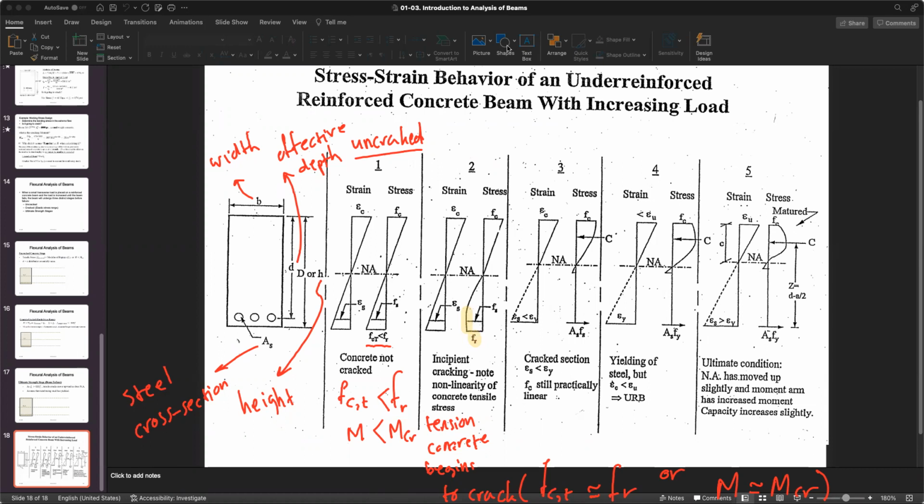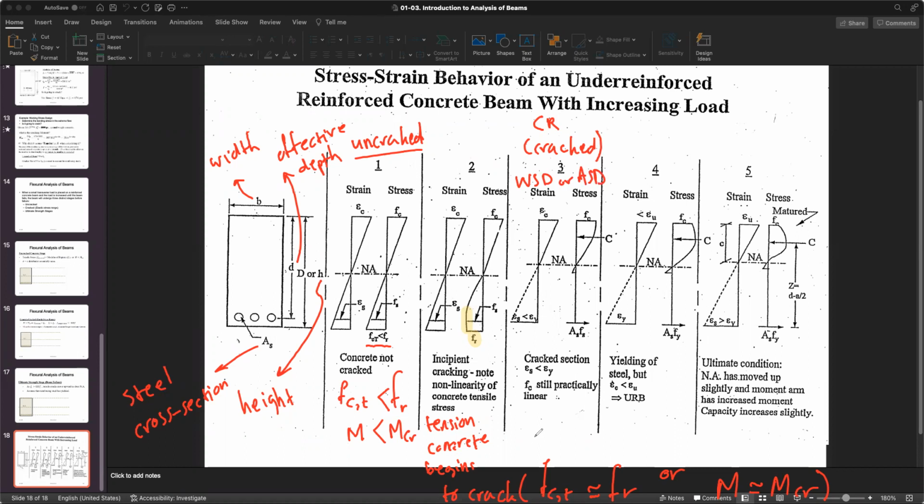Next one is concrete cracks, here is CR or crack. On this one, you will use the WSD or ASD method that we discussed.